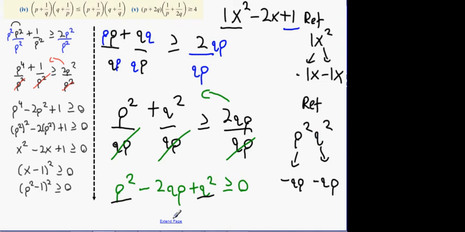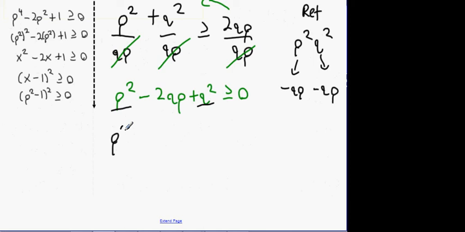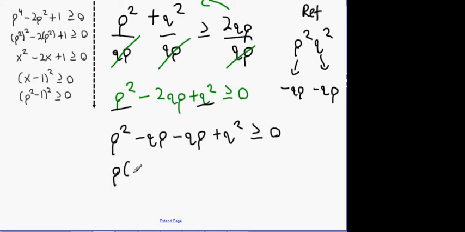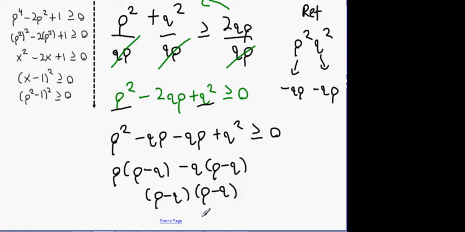Yeah. So then what you could do, if you're really not getting how to do these, is just do them like this, and then factorize, and you're going to get p into p minus q into p minus q, and then what we're going to get is p minus q by p minus q squared, greater than or equal to 0.